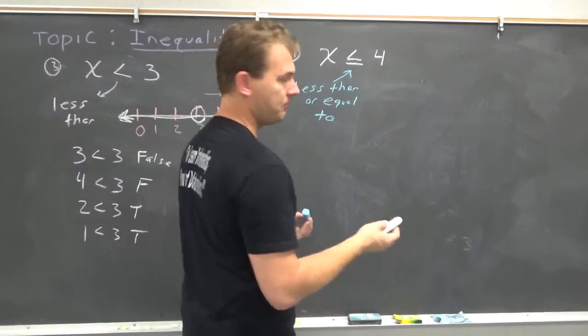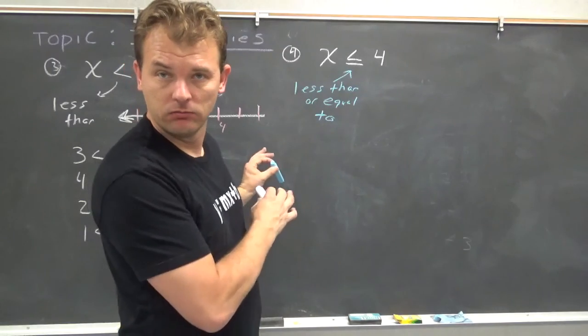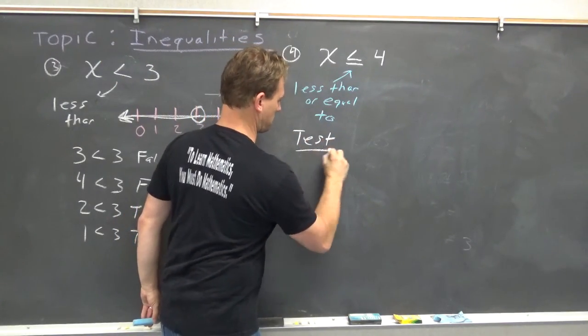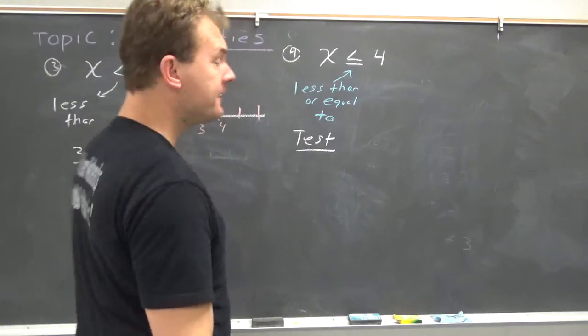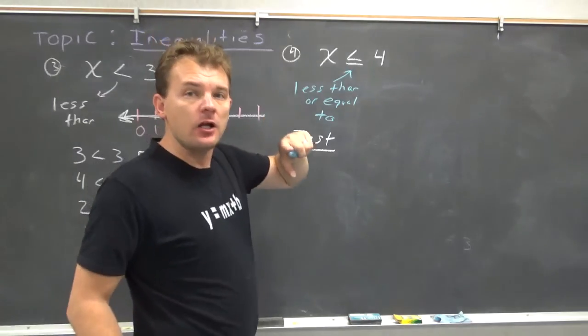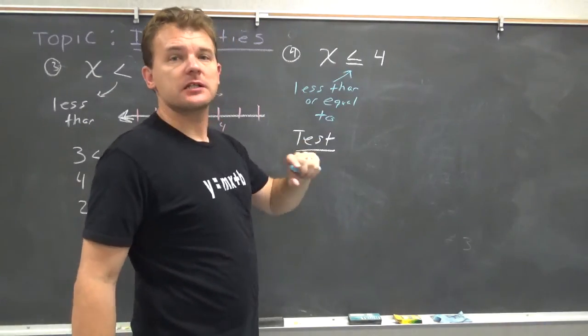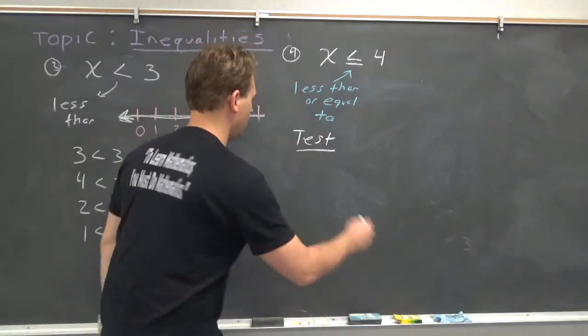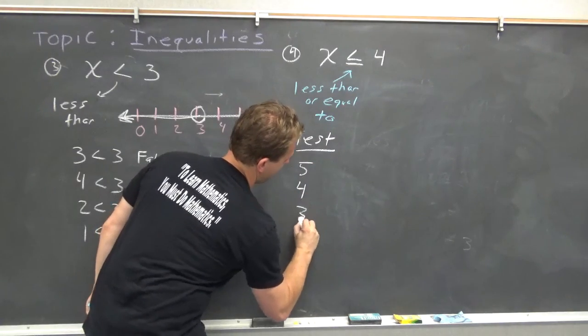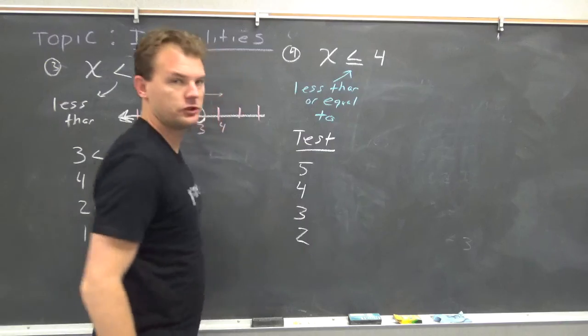So before we do the number line, let's test this. So let's pick some numbers that go into x. So what about 5? What about 4? What about 3, 2? Just pick some numbers.